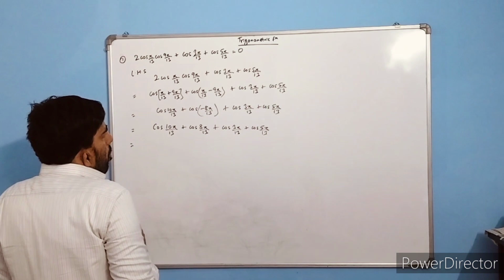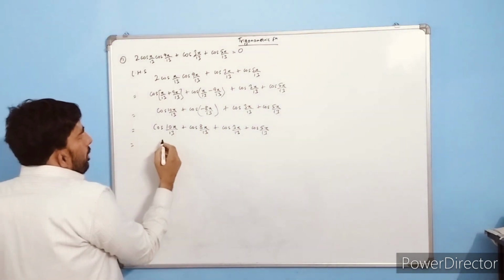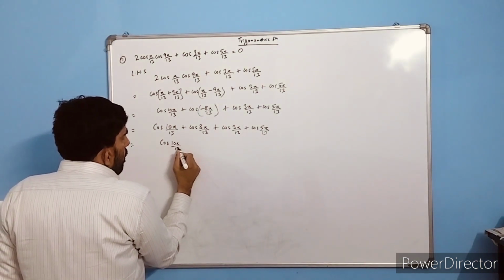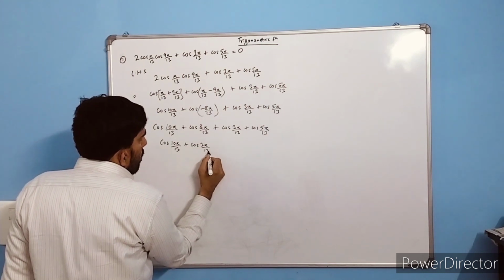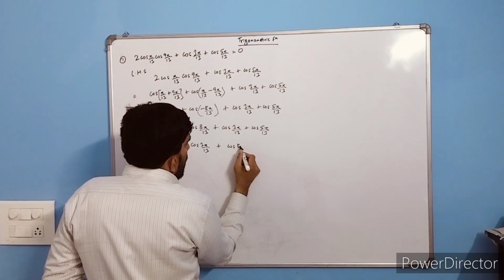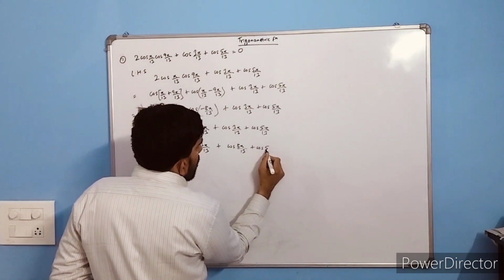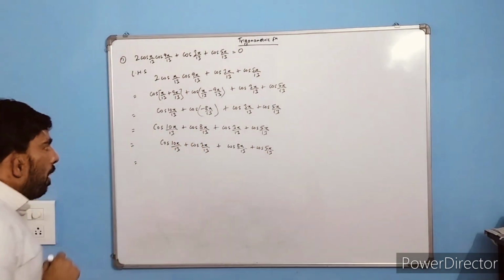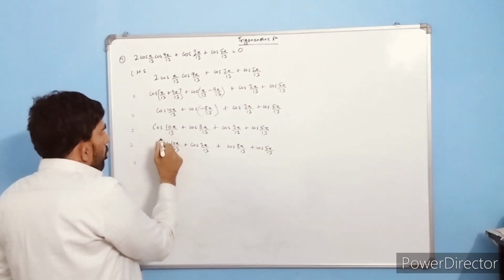What we will do, we'll take this cos 10 pi upon 13 plus cos 3 pi upon 13. Okay. Here we'll take cos 8 pi upon 13 plus cos 5 pi upon 13. Okay. Now we'll apply the formula cos x plus cos y.